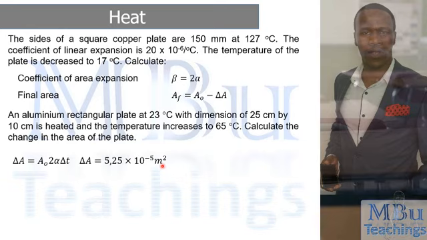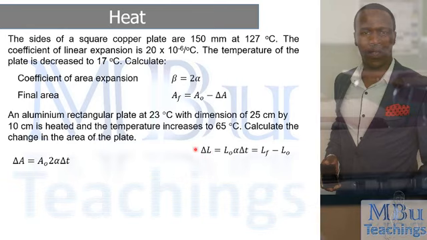Okay, one more thing I want to emphasize about this formula so that you may see it better this time. Remember, in the previous levels 1 and 2, you were introduced to change in length.